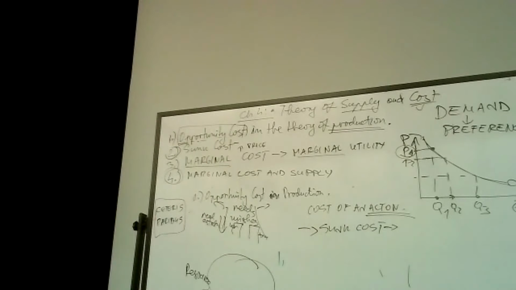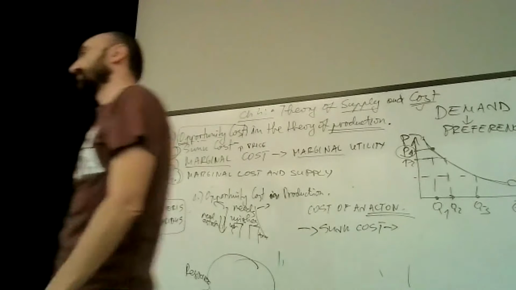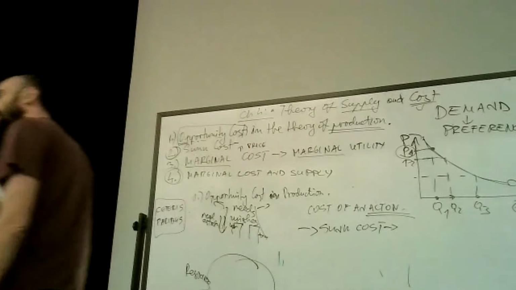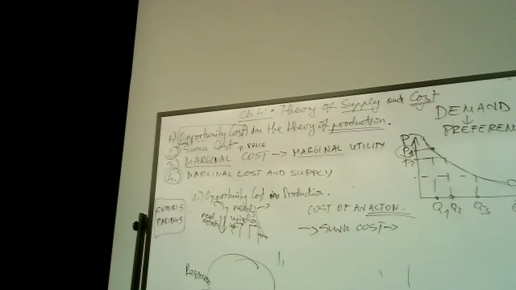So see, this is the concept of sunk cost. Cost that is already paid serves to emphasize this prospective, future-oriented character of cost. Cost is always the cost of something that is going to happen in the future. It's not the cost of something that already happened, because it is tied to an act of choice.